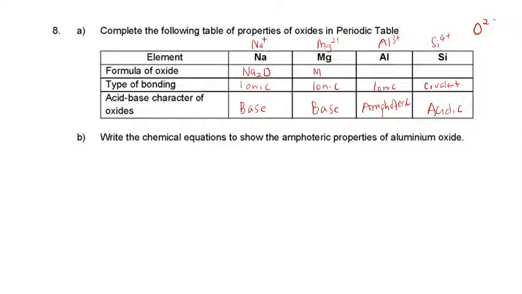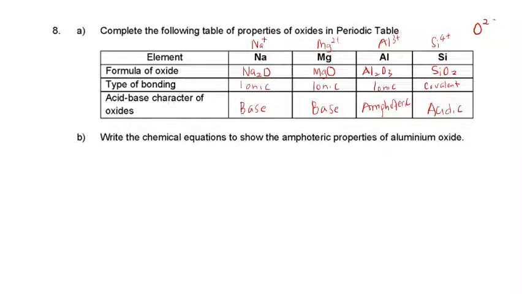Mg2 plus with oxygen O2 negative, we get MgO, while for aluminium oxide, we get Al2O3. For this one, we will get SiO2, which is quite similar to the magnesium case.